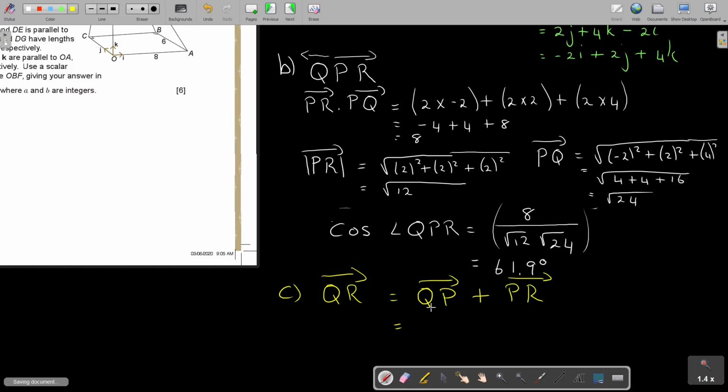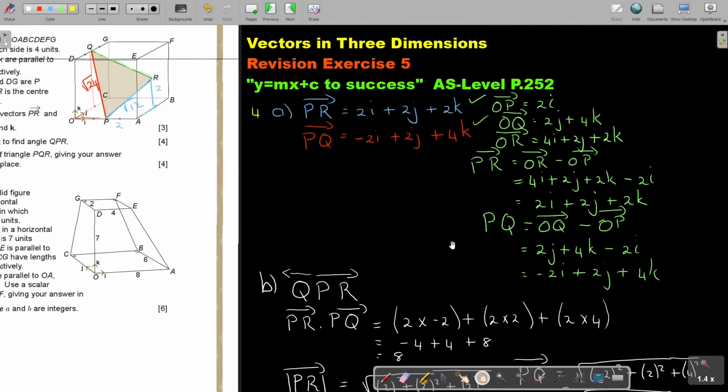Now, you have PQ. But if you want QP, if you want to change direction, you must just bring a negative, or just change the signs. So it's 2i minus 2j minus 4k. That's how you change the signs.